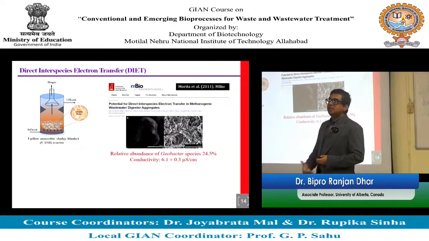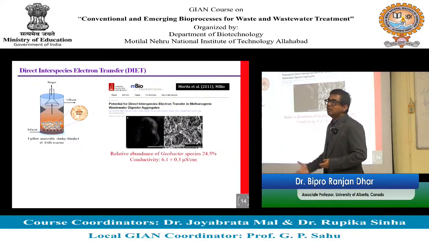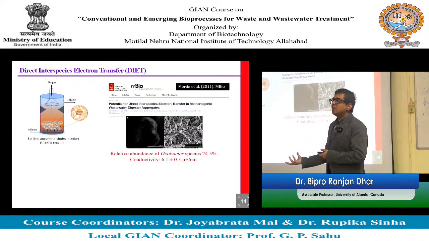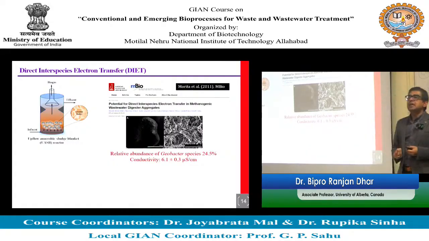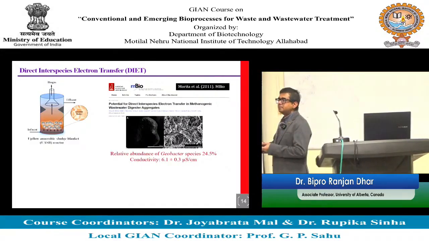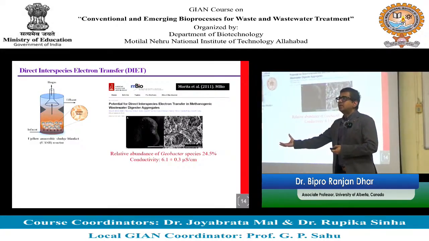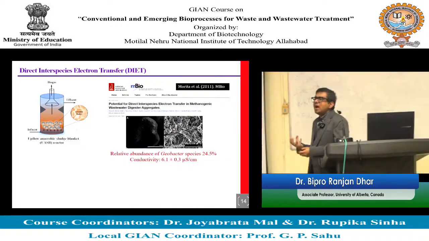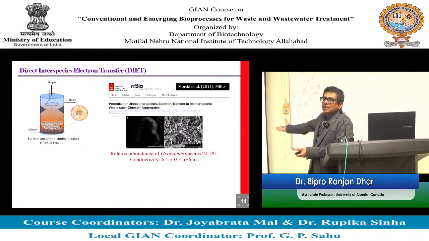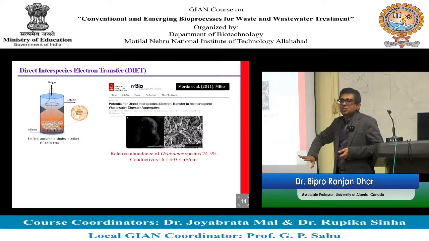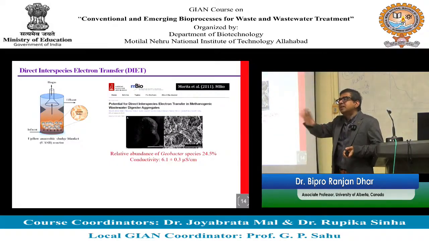Most of the time, in any microbial community analysis of anode biofilm, we see Geobacter species abundant, and we know Geobacter can do extracellular electron transfer, transferring electrons to conductive solid materials. So researchers became really curious about why Geobacter was there, since typically we don't see Geobacter in conventional anaerobic digestion reactors.